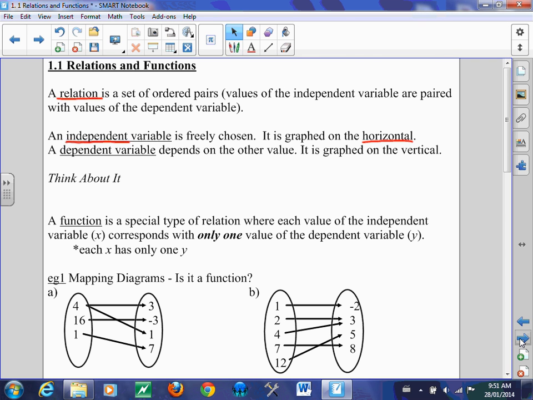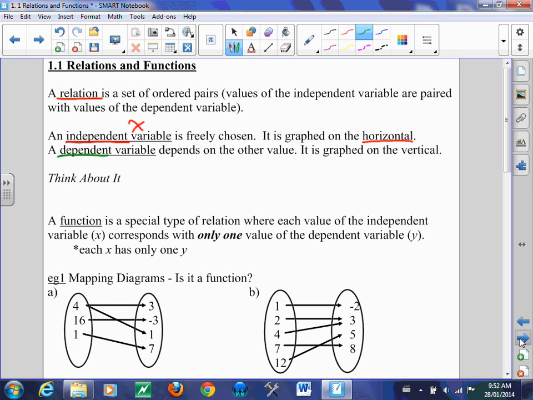Whereas the dependent values, ladies and gentlemen, or the dependent variable, depends on the other, and it's graphed on the vertical. So for example, if you're talking about number of guests versus total cost, the total cost is going to depend on how many people you have coming to your banquet, okay? So just remember that, ladies and gentlemen, independent deals with the x variable, okay?